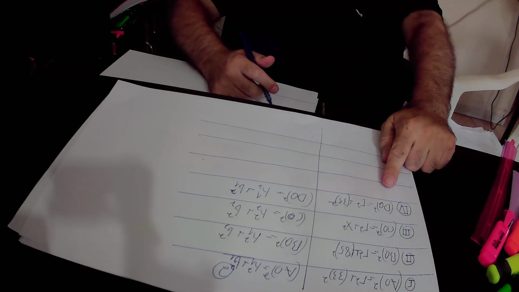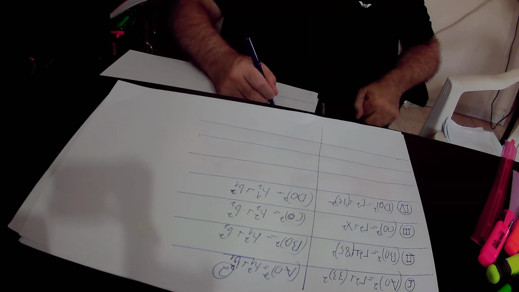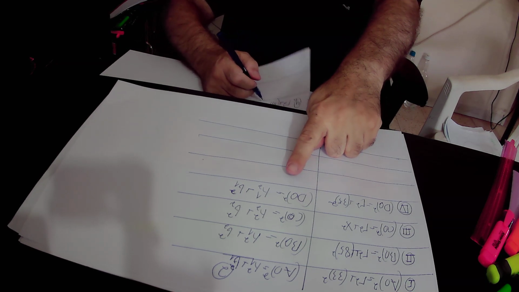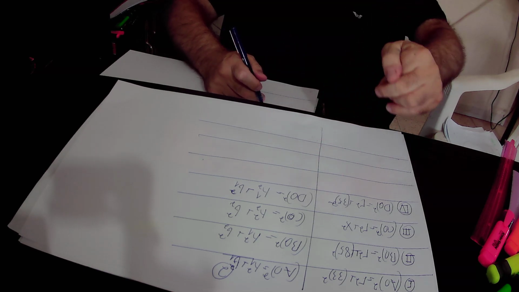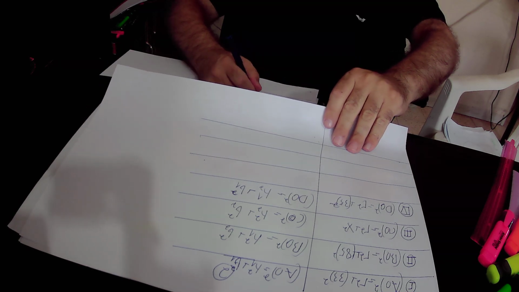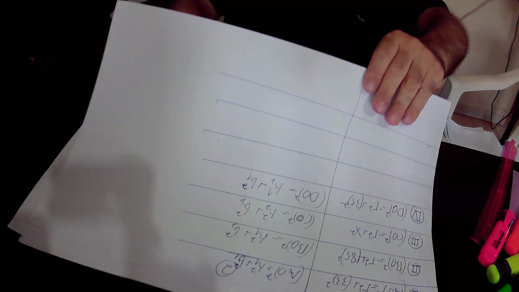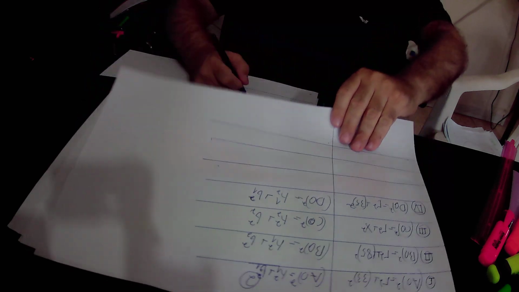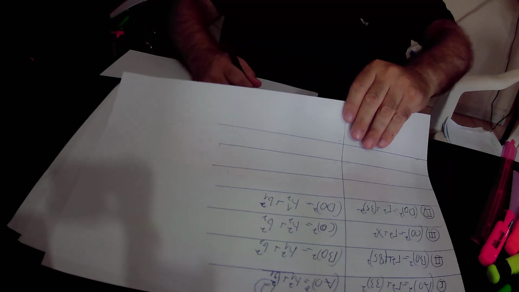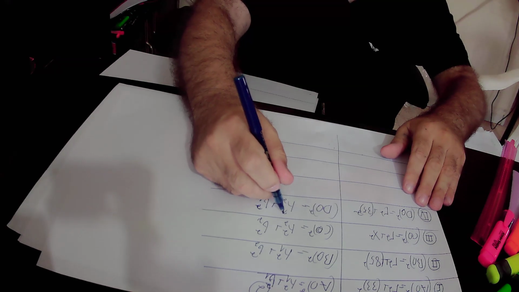So DO squared according to equation number 1 is R squared plus 35 squared, and it must be equal to DO squared according to equation number 2, that is H2 squared plus B1 squared.